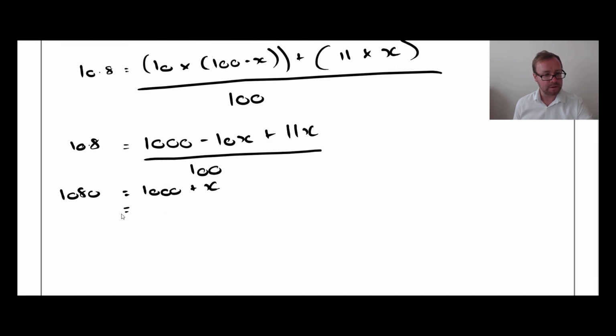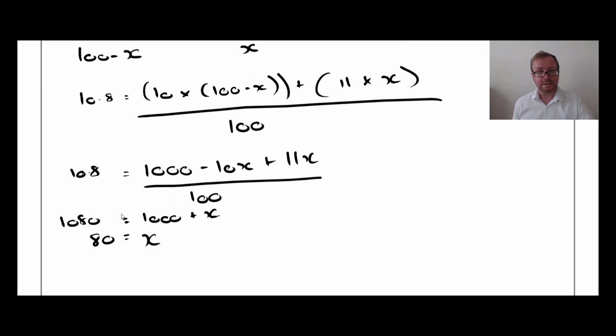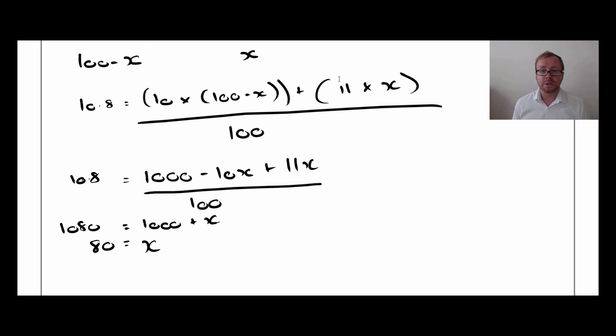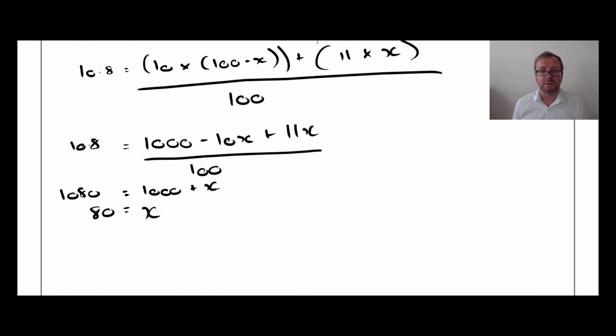Therefore x, when I minus my 1000 from this, is equal to 80. So x is equal to 80. This x must be my percentage abundance of boron 11. So therefore 11 has a percentage abundance of 80%. And 100 minus x gets me my other percentage abundance.